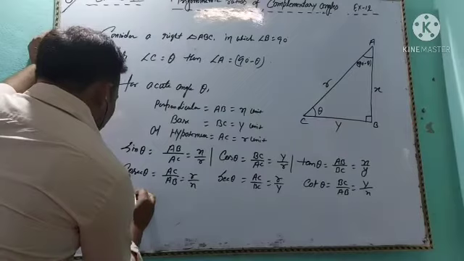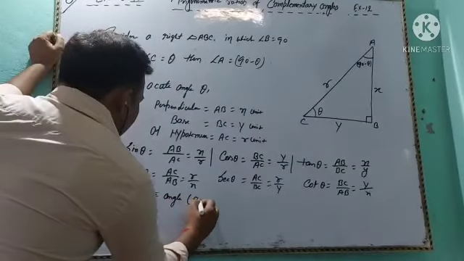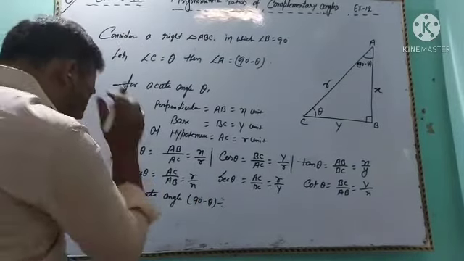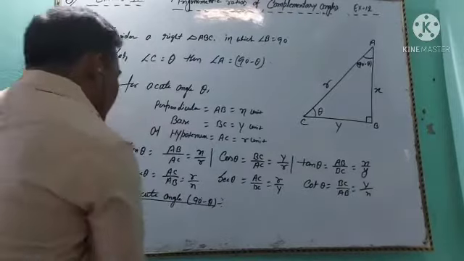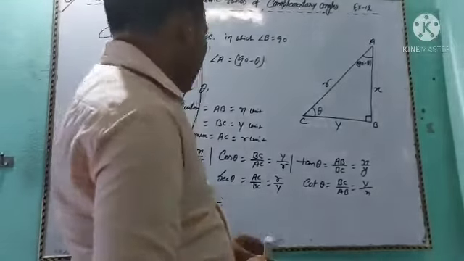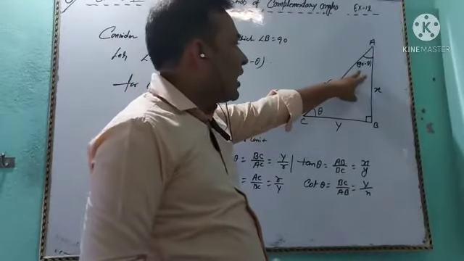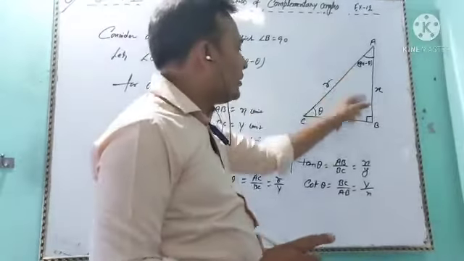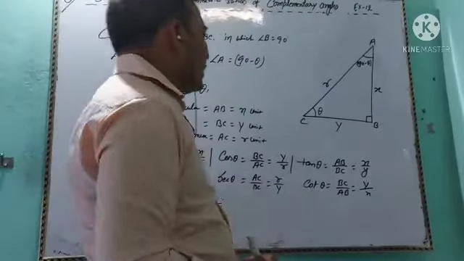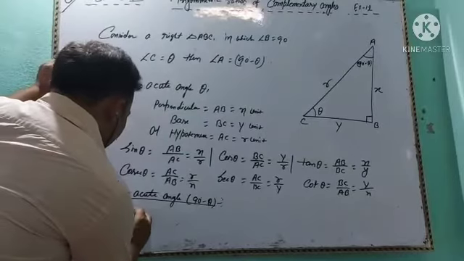So students, 90 degrees minus theta is the acute angle of this right angle triangle. So we take this acute angle 90 degrees minus theta, then the perpendicular is BC, base is AB, and the hypotenuse is AC. So students, first of all find sin of 90 degrees minus theta.